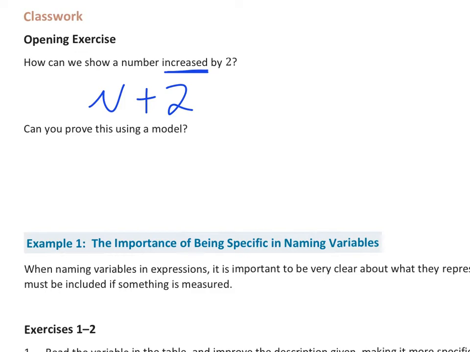We can't solve it, but we would be taking the n amount, which is this part of the model, and then this 2 amount, and we would be combining it, and that's why we get the plus.